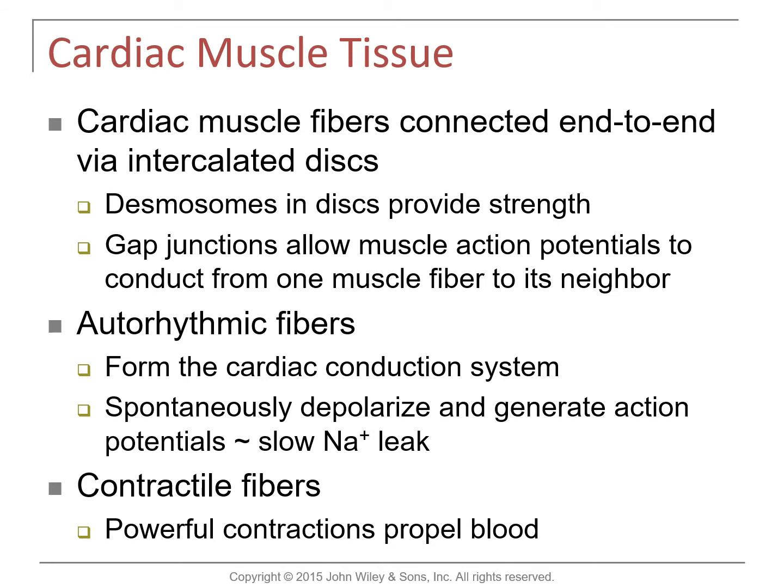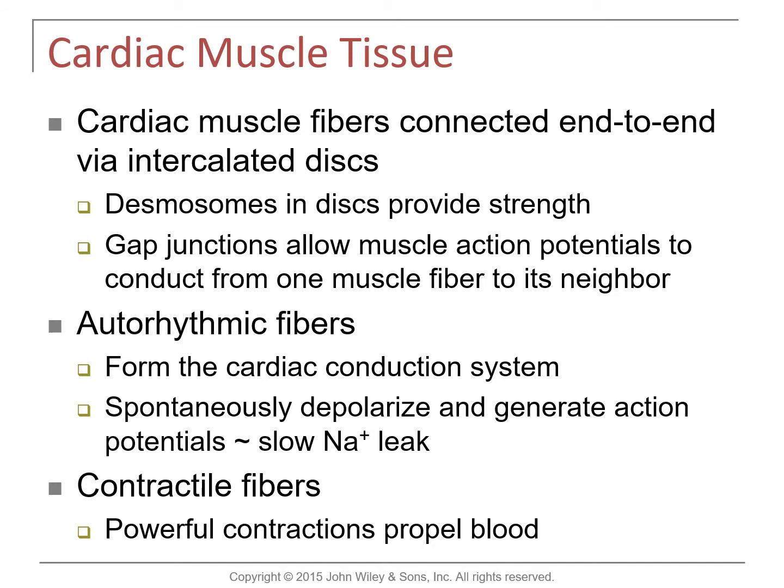Each set of fibers depolarizes at their own rate. However, the rate of depolarization from the autorhythmic fibers in the right atrium that make up the sinoatrial node is the fastest, so that it sets the rate for depolarization for the rest of the cells.